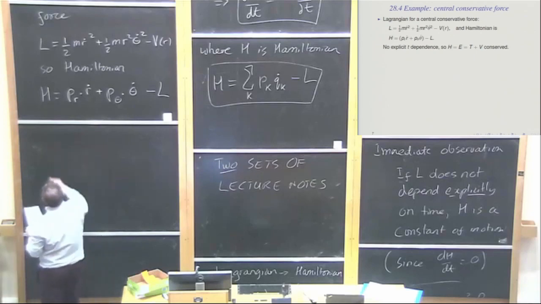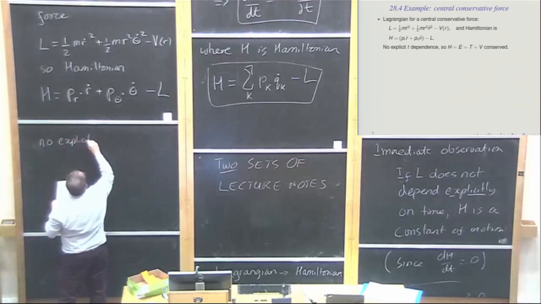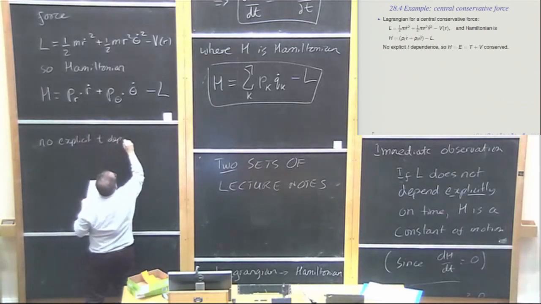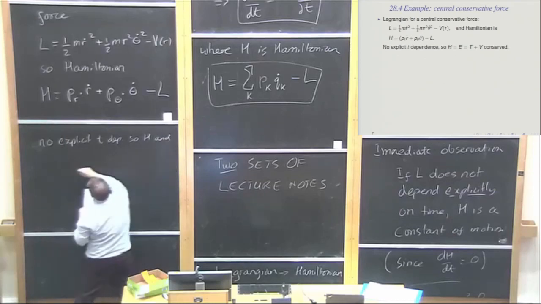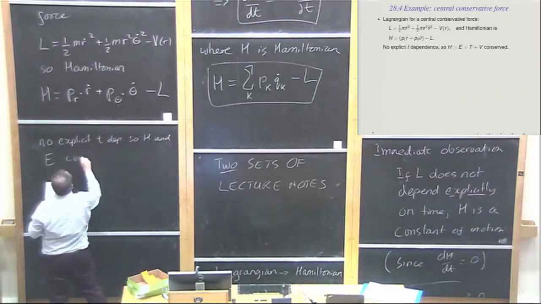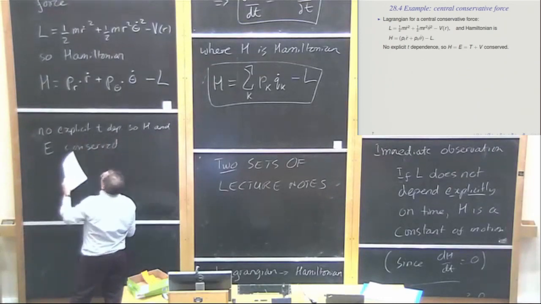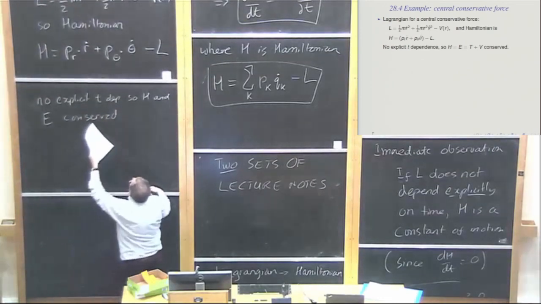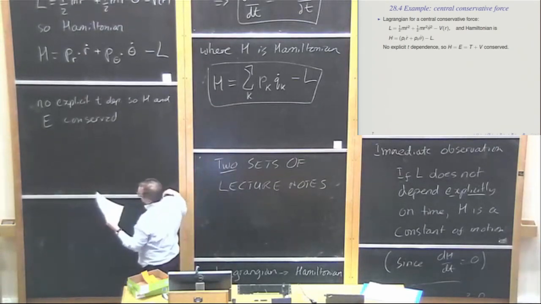So no explicit t dependence, so H and E are conserved. Okay, but let's go further with this. Let's try and write this out more fully.